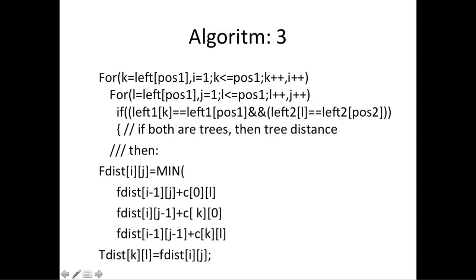And then, when we have already initialized the forest table, we go for each leftmost position of each node, and if they are equal, then we calculate the minimal forest distance between the three possibilities we already inspected before.